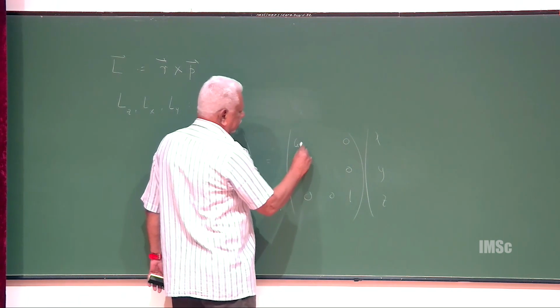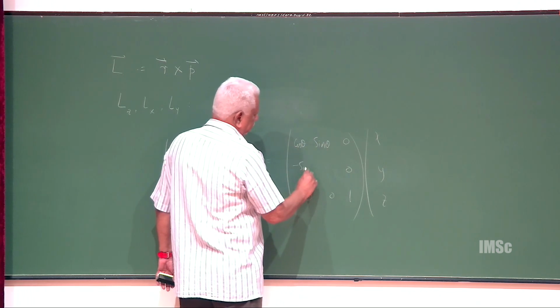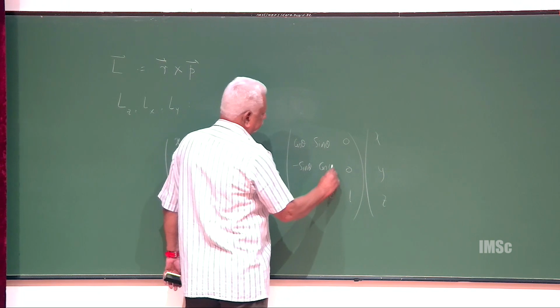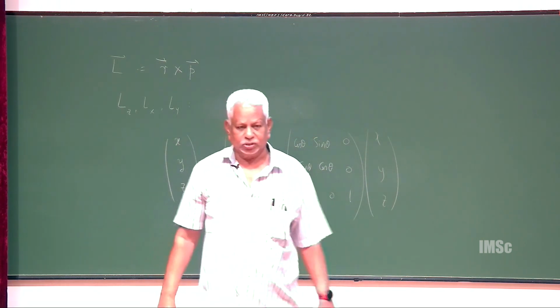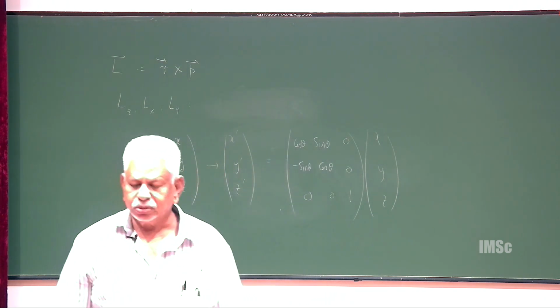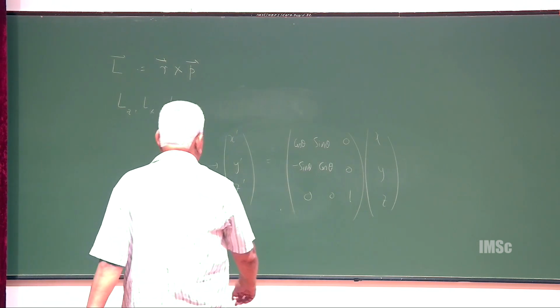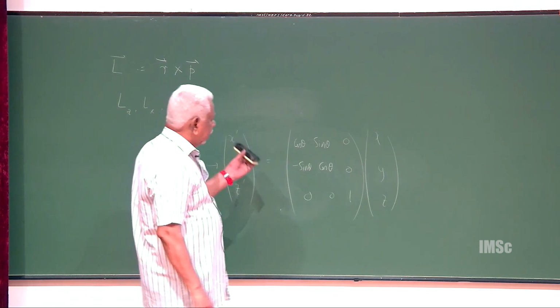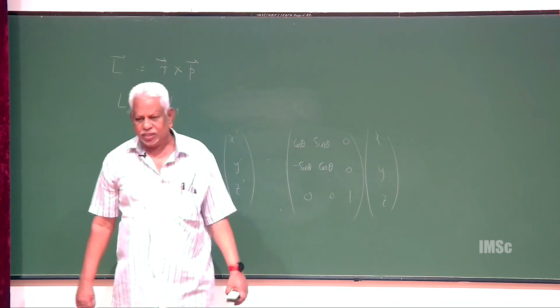It is cos theta here, sin theta here, minus sin theta here, cos theta here. That is what that object is going to be. It is as simple as that.